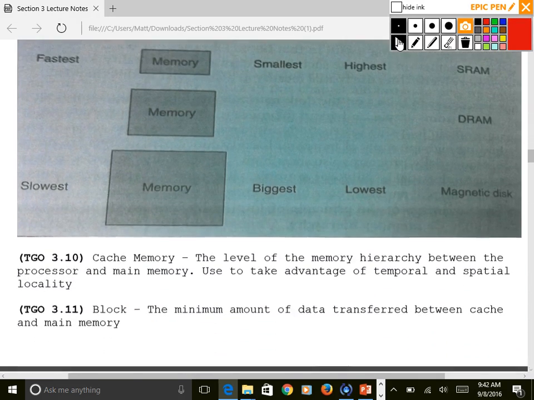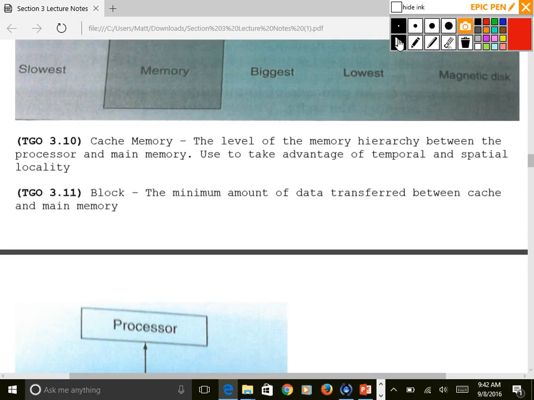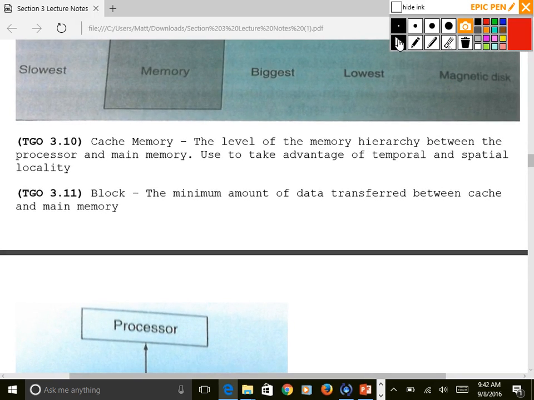Okay. Here I want to formally define cache memory and block. Cache memory is the level of memory hierarchy between the processor and main memory. Main memory is where you put it, computer turns off, you're good, magnetic disk. When you're looking at your computer, it says you've got 2 gigabytes of RAM, and you have 128 gigabytes of storage.